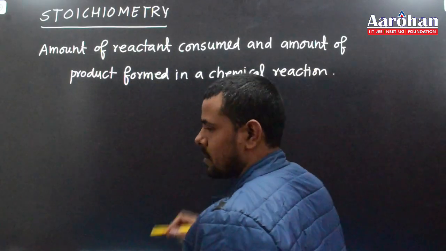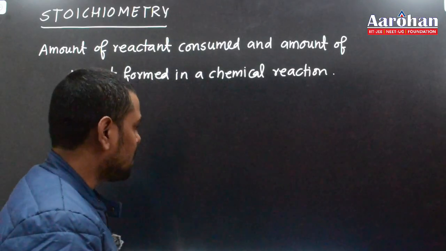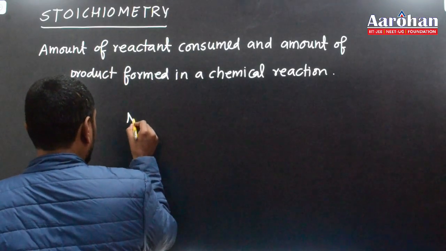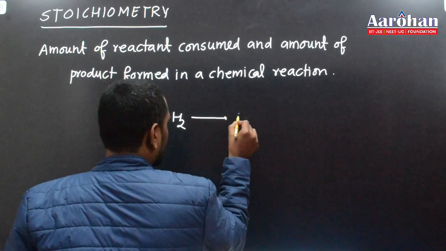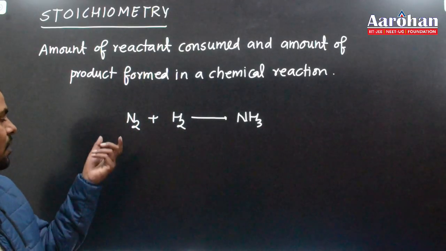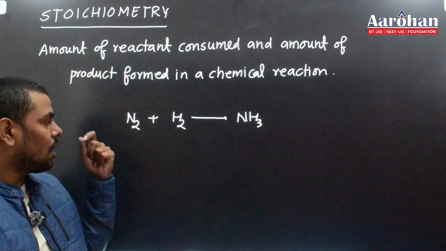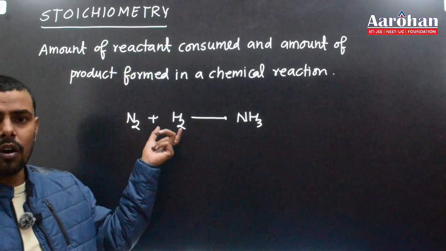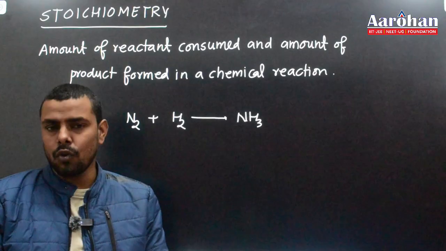What does it really mean? Suppose we are given a reaction of N2 with H2 giving ammonia NH3, and we are given 10 gram of nitrogen or 20 gram of H2, then how much amount of NH3 is formed?